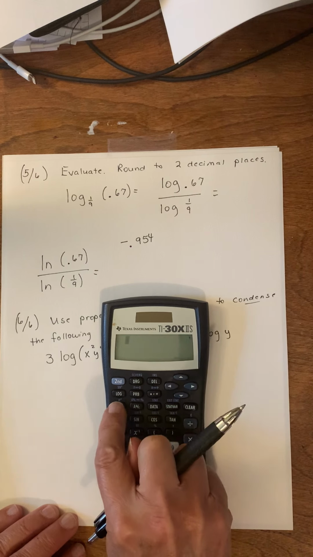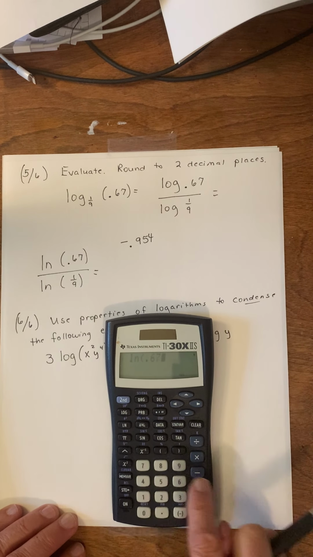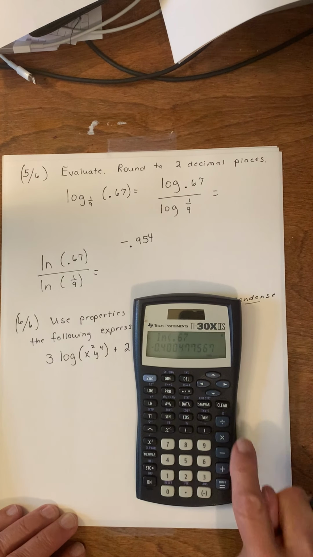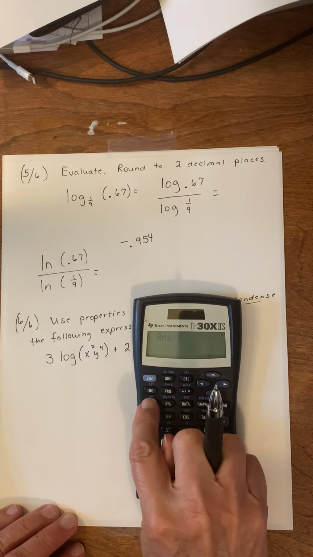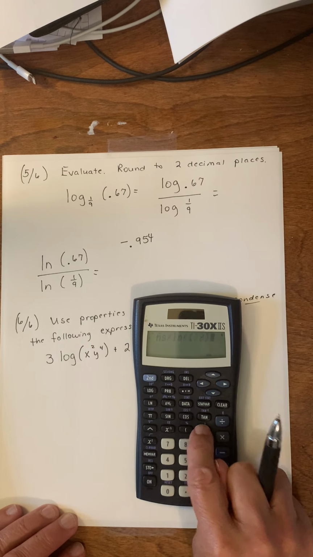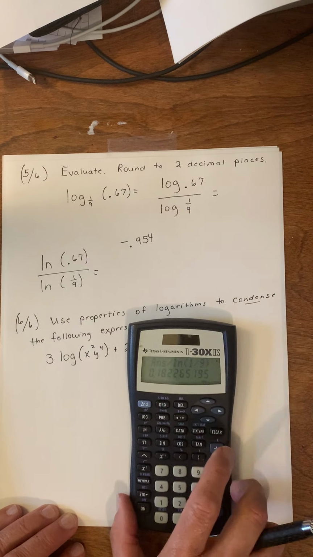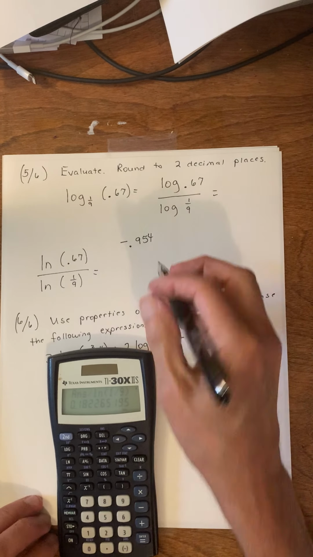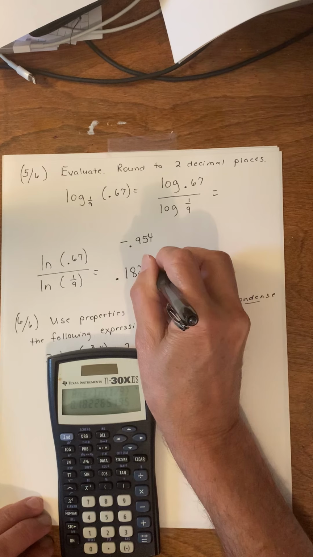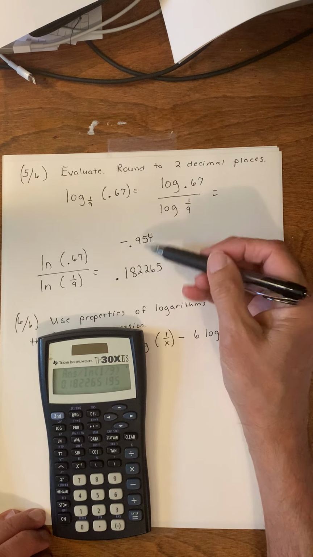Just to double check, natural log of 0.67 equals, so I get a number, divided by natural log of 1 divide 9, close parentheses, equals. And I get something completely different. So I got here 0.182265. Hey, good learning experience. I got 2 different things for the logs.